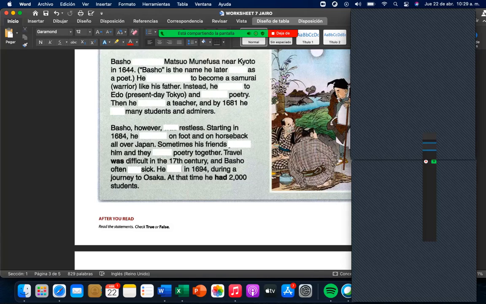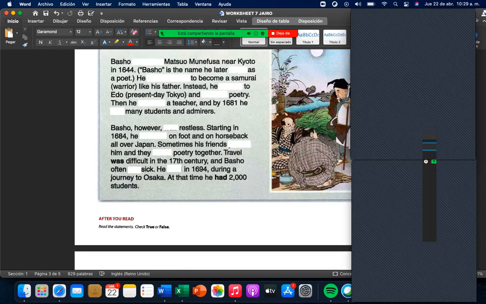He wanted to become a samurai warrior like his father. Instead, we didn't put any verb there because we didn't know which one we could use. But you have to stop there.